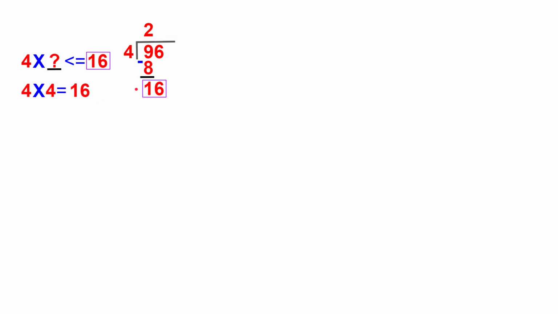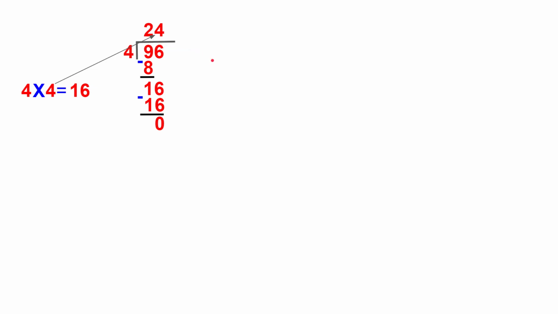We got the exact number that we wanted. Now we take this 4 and put it right above the second digit and subtract this number 16 from what we had here. And we get a 0. So 96 divided by 4 is 24.